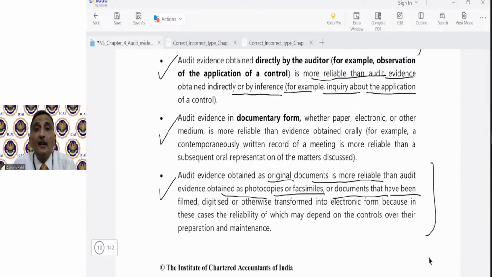Why? Because these can't be tampered. These are original documents. However, when one relies on photocopies or other such things, then there is a possibility. It is not that these are not reliable, but we are again talking about the possibilities.